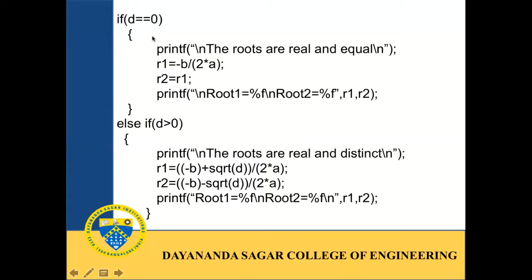If the value of d is 0, we know that the roots are real and equal, and then we calculate those roots. Once we know that the roots are real and equal, we also know the formula to calculate those roots. Real and equal, both the roots should be equal.